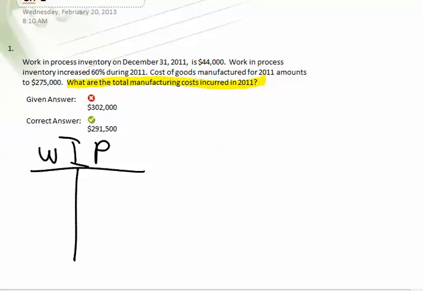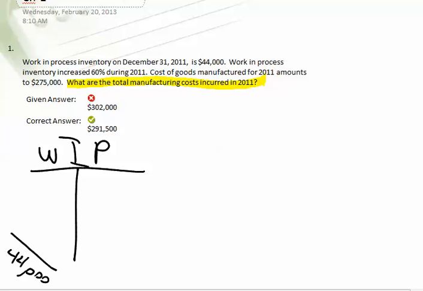It says that the ending inventory at December 31st, 2011 is $44,000. So that's my ending inventory. It also says that the work in process inventory increased 60% during 2011.